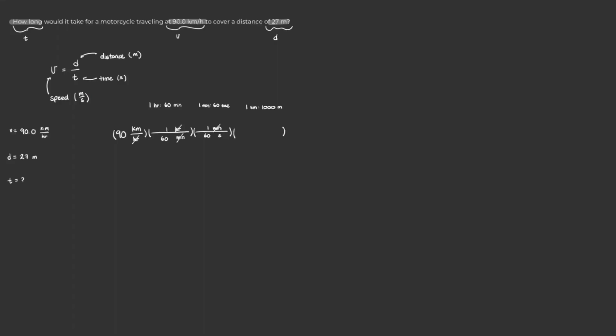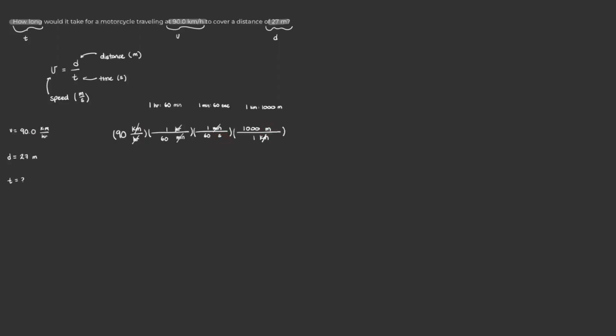Do I want the kilometers on the top or the bottom if I need to cancel that out? In the end, I want meters on top as well, right? So let's put 1,000 meters on top, and kilometers on the bottom. And that way, as you see here, kilometer cancels out. And overall, the ones that aren't canceled out, I got meters on top and seconds on the bottom. So we just successfully converted 90 kilometers an hour to whatever meters per second all this would give me.